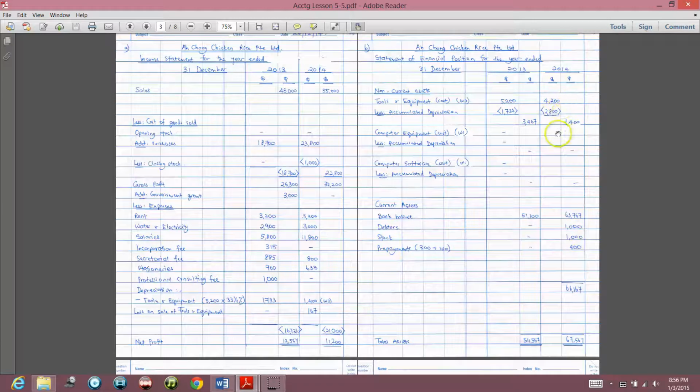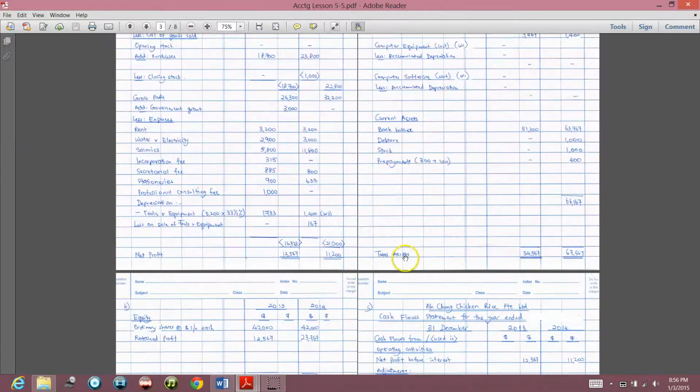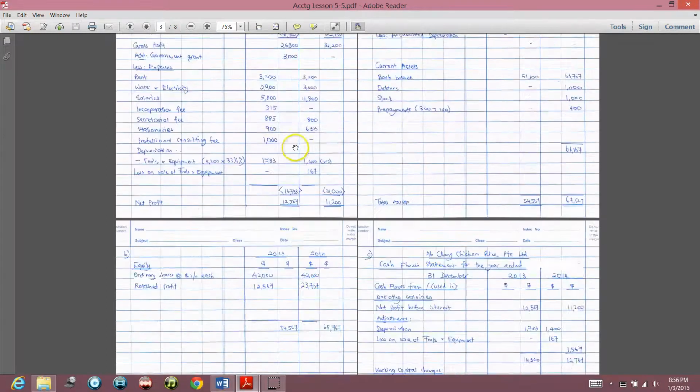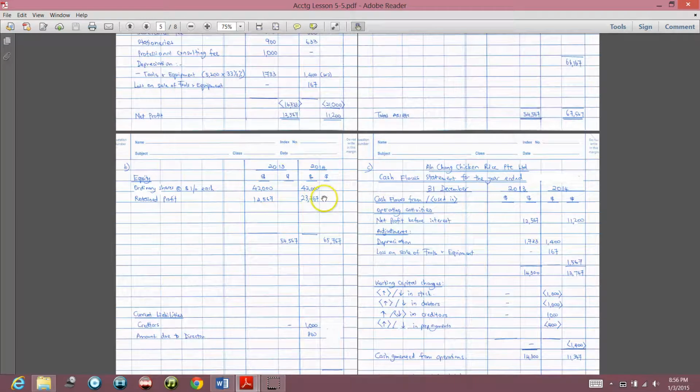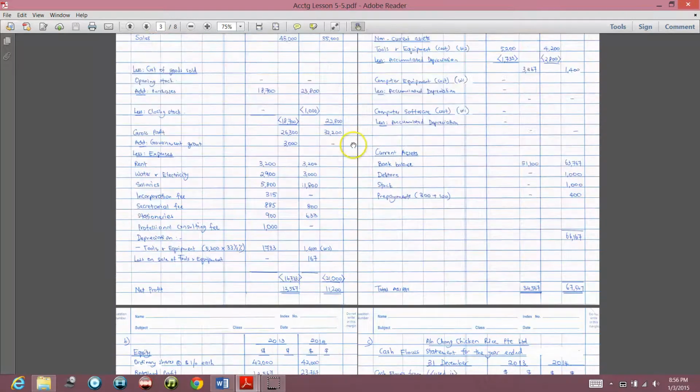So these tools and equipment, wait first. Then ordinary shares: last year the shareholder invested 42,000 and that's it. This year there's no receipt in respect of shares. So the ordinary share is still 42,000. This retained profit is actually 2014.